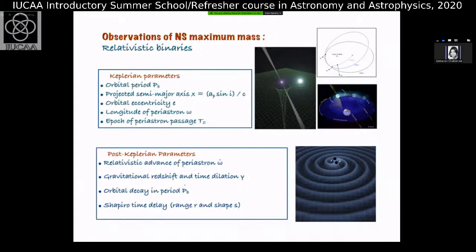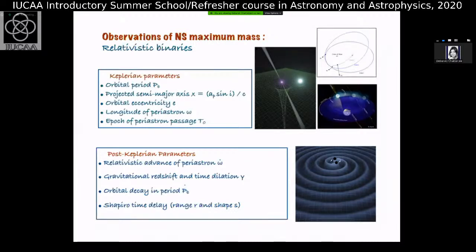So relativistic advance of periastron, gravitational redshift and time dilation, orbital decay in the period, and Shapiro time delay. These are some of the post-Keplerian parameters which are related to the total mass and the mass ratio of the neutron stars in the binary. And from these, one can determine the individual masses in the binary.